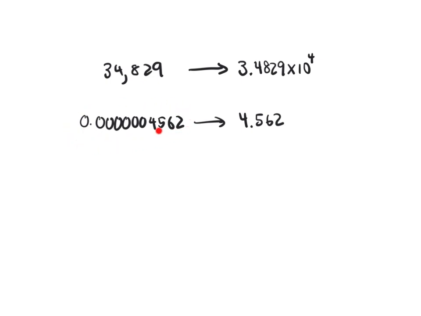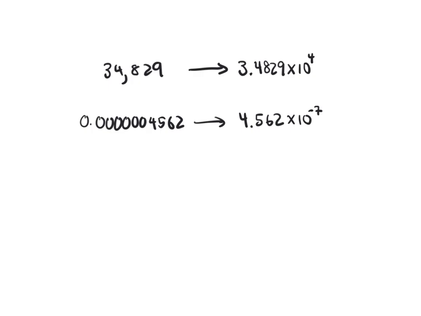I have to move it 1, 2, 3, 4, 5, 6, 7. And so this is a very small number, so it's times 10 to the minus 7. Notice that I've moved my decimal place to the left to get back to the original number, and so that's negative 7. That would be how I would change a number from decimal form to scientific notation.